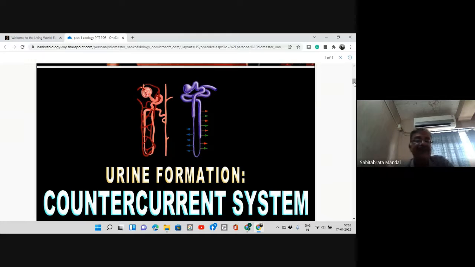Now let us understand the whole scheme of urine formation. I will try to explain the whole thing in very simple words, so that even a class 6 child can understand. First of all, the effective filtration pressure is working. Because of that, certain materials accumulate in the Bowman's capsule.